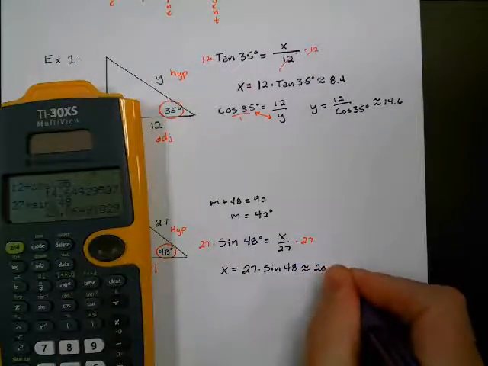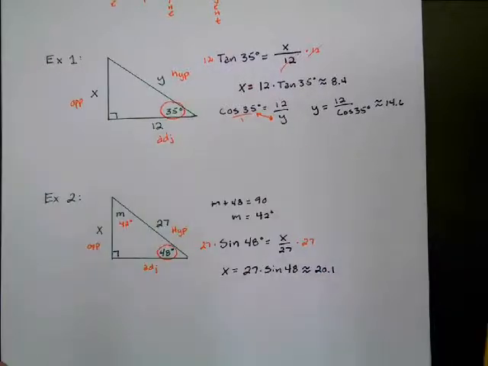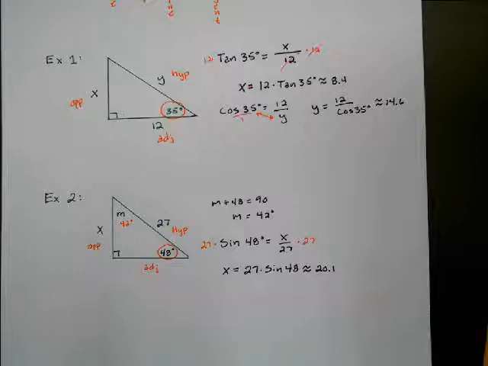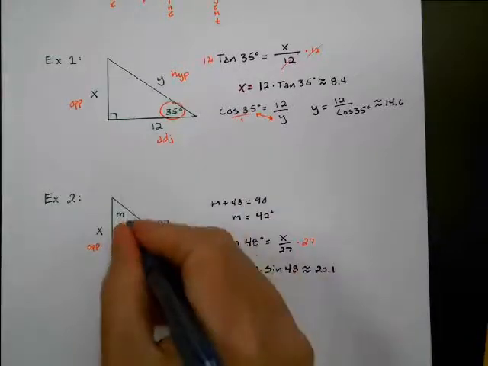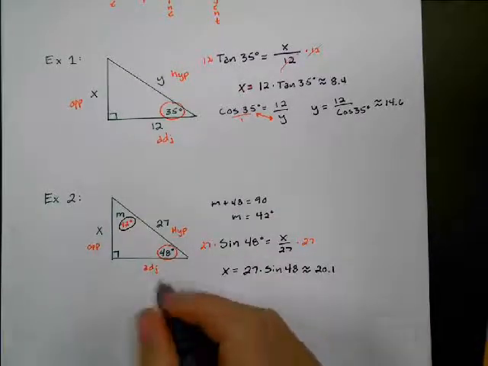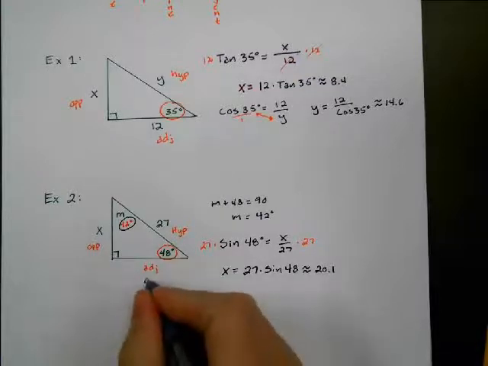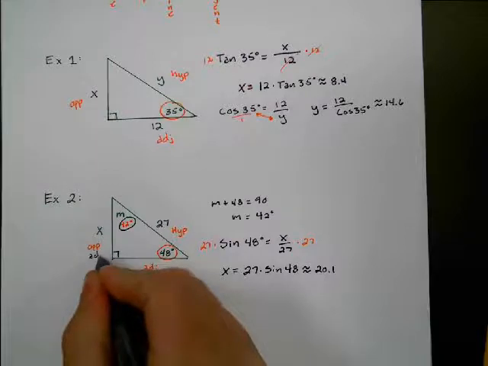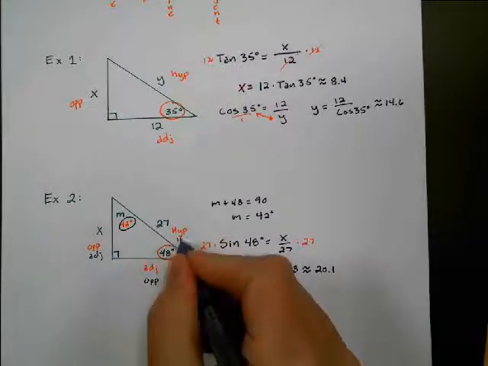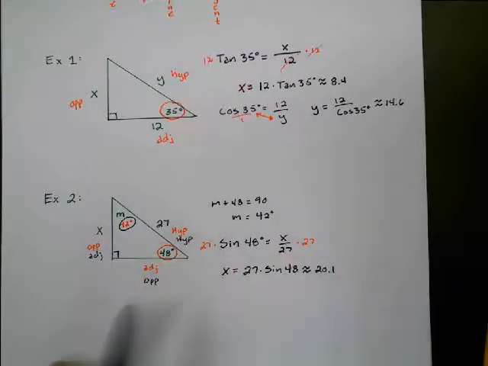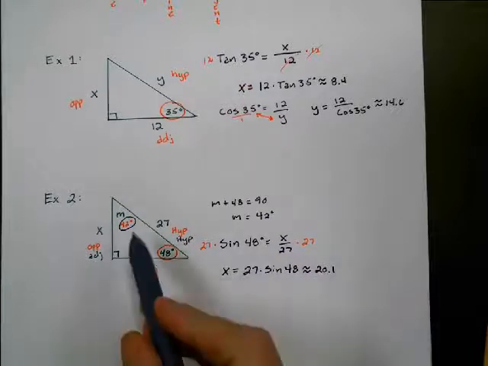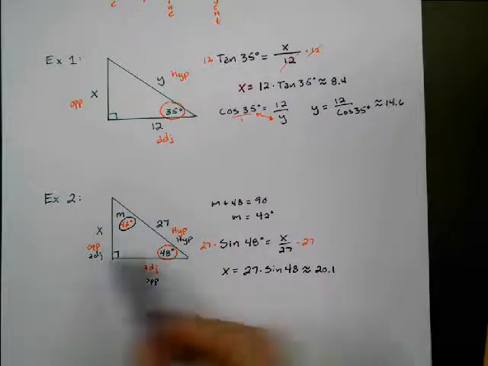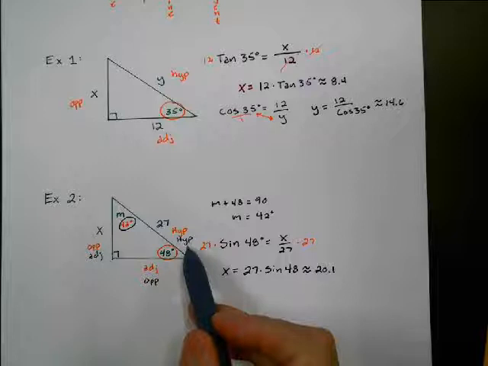All right, what if I wanted to use the 42-degree angle instead? That is okay. In this case, this side would be opposite, and this side would be adjacent. And this would still be the hypotenuse. Hypotenuse is always the hypotenuse. So to solve this one, now I have adjacent and hypotenuse. Well, adjacent and hypotenuse is cosine.